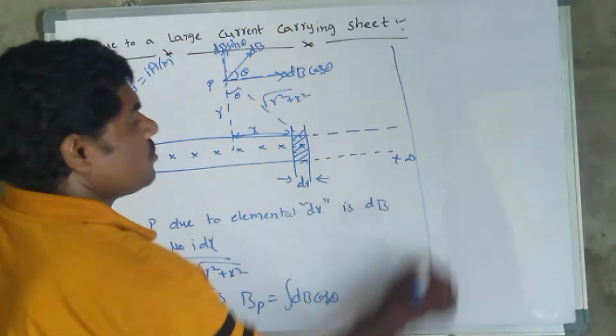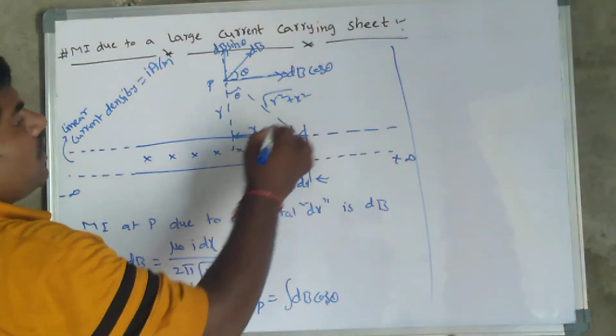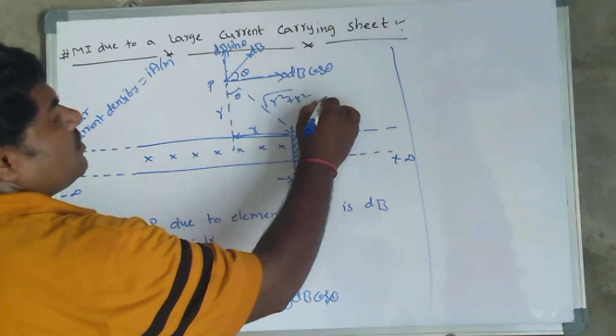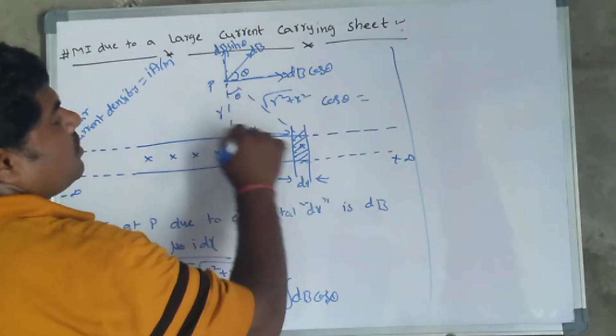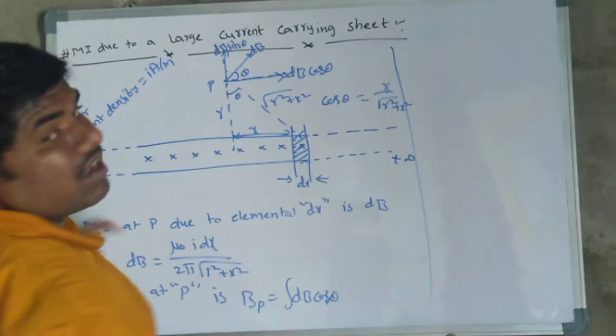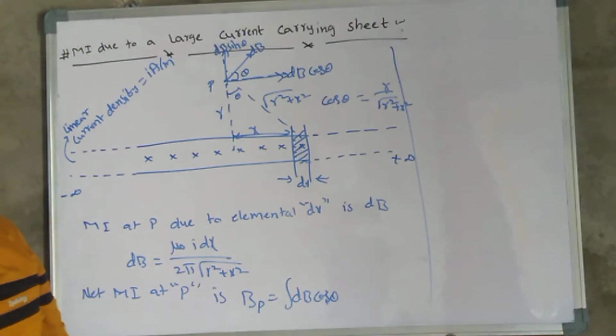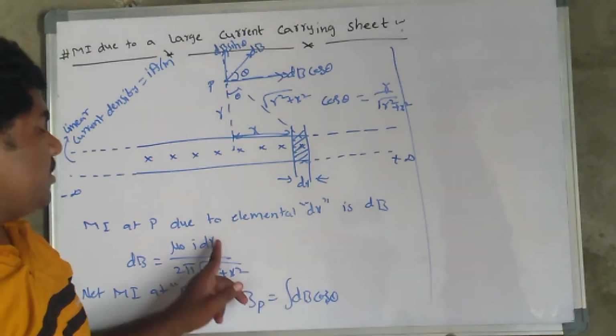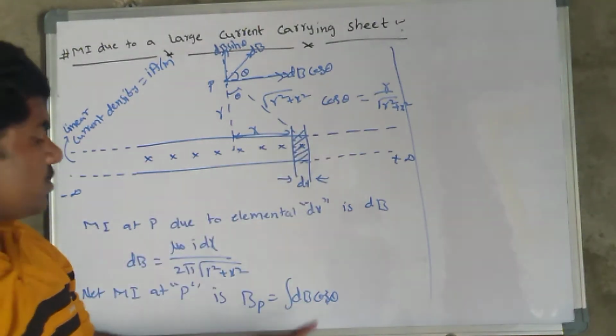Substitute from this triangle: cos theta is equal to r divided by root of r square plus x square. Substitute the dB value and this cos value here.